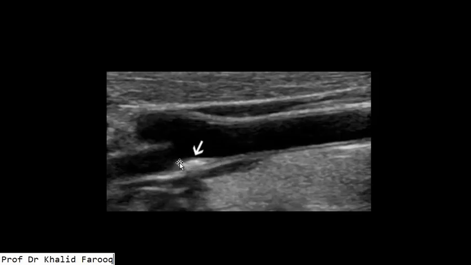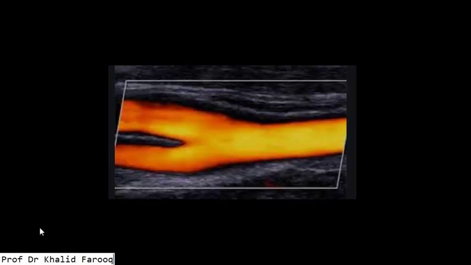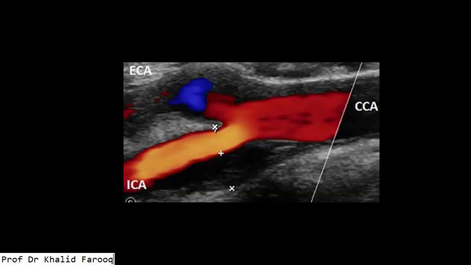This is an example of carotid Doppler. We can see common carotid and internal carotid and external carotid arteries. Here we can see this is the common carotid, external and internal carotid artery, and this hypoechoic or black area is basically plaque. This is atheromatous plaque, and this causes narrowing in this portion.